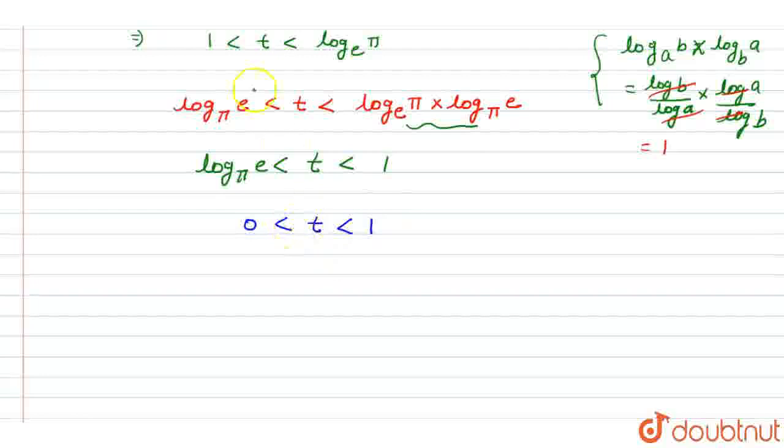So we know that in the greatest integer, if we have 0 to 1, we have to select the lower number. So this value is equal to 0. Here we get 0.